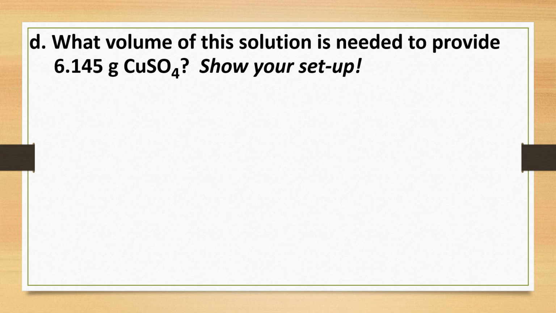So we always start with the given, which is 6.145 grams of copper sulfate, and we're looking for the volume of the solution needed to provide this weight of the solute. That means we need a mole number to convert anything to do with your solution.